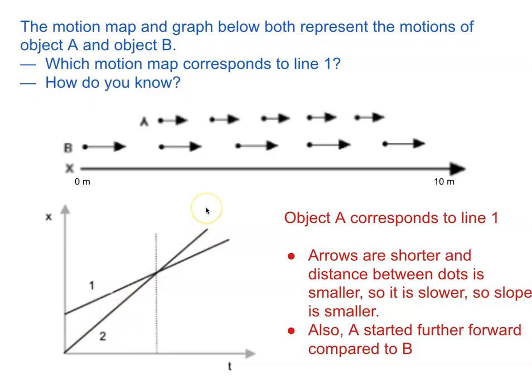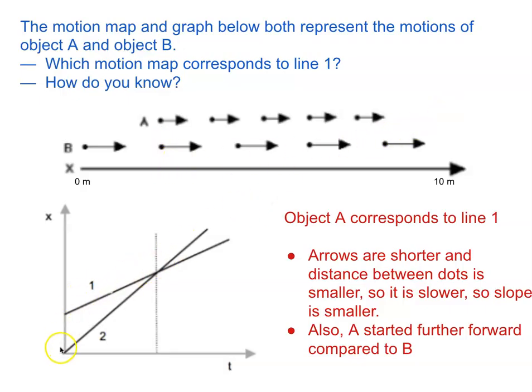Also, A started further forward compared to B. So if we think of this x scale right here as a distance, and if we were to set this end to 0 and the right end to 10 meters, we can see that object B is starting at the 0 meter mark and object A is starting a little bit further down.